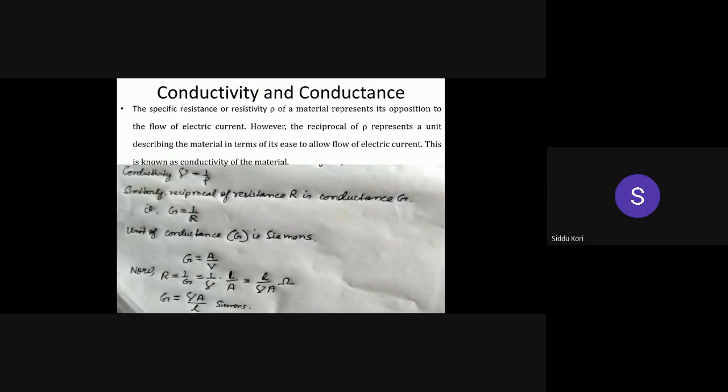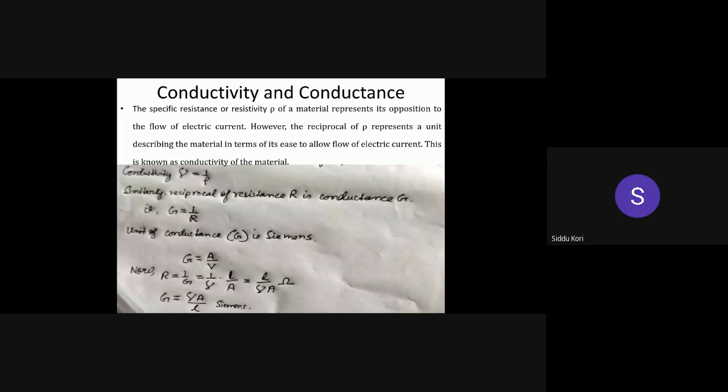The inverse of resistivity, 1 by resistivity, is conductivity, and this reciprocal of resistivity describes the material in terms of its ease of flow of electric current. This is known as the conductivity of the material.